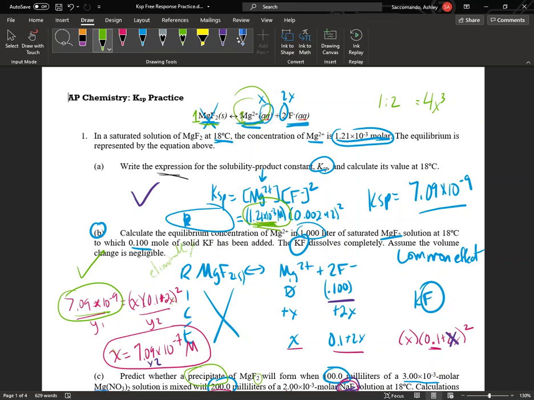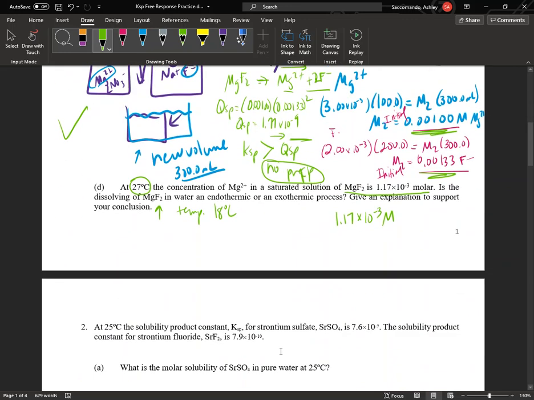So the concentration of magnesium and the molar solubility are actually the same number there. This is the number I want to focus on. At 18 degrees, it was 1.21 times 10 to the minus 3. Now at 27 degrees, look at that. Did the solubility go up or go down?